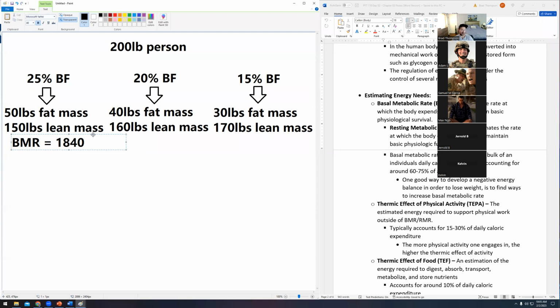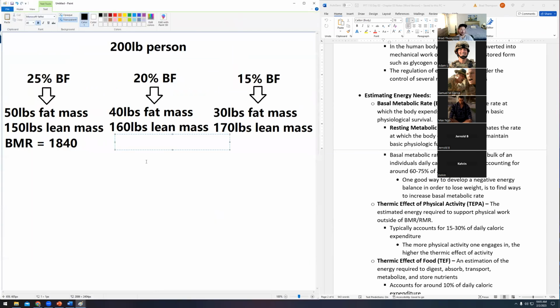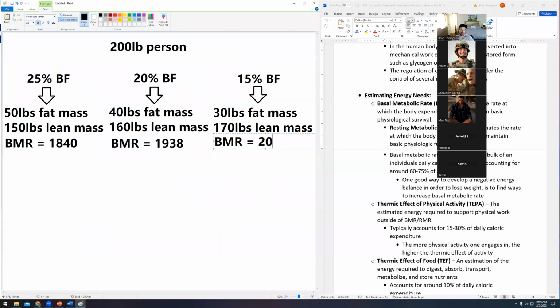In this one, we're going to make that 20%. Their BMR is 1938. And over here, their BMR equals 2036.